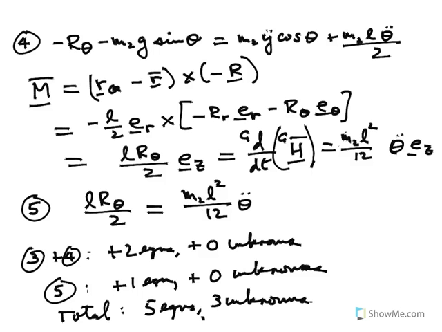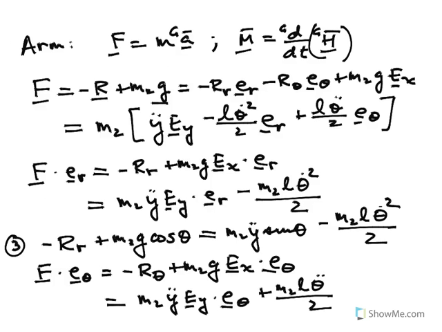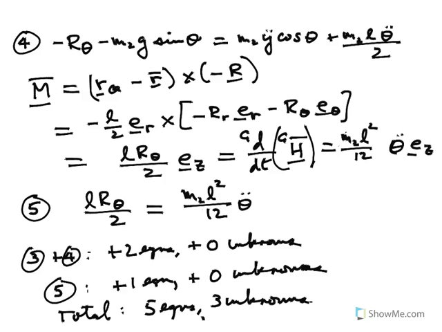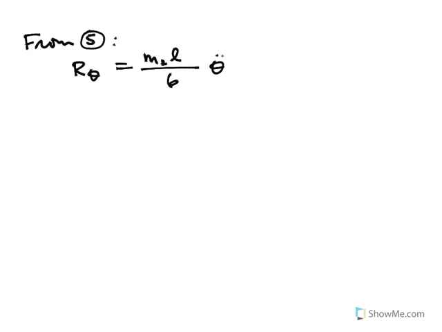Now what we can do is take that and start substituting into these different equations. If you look at 4, I can now substitute in for R sub theta, which is m2L over 6 theta double dot.